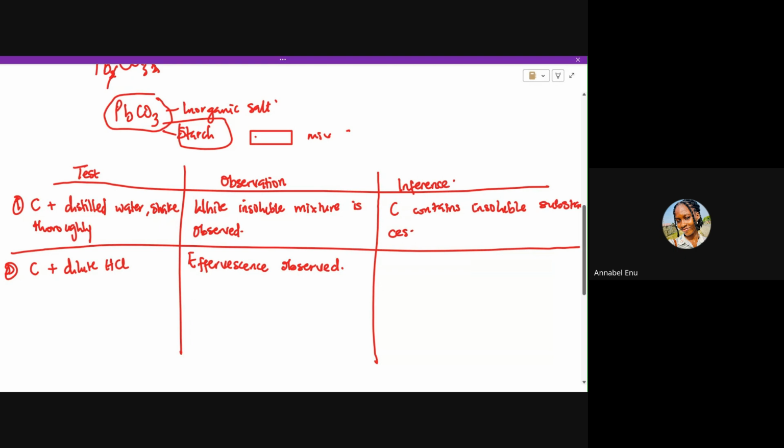So this is one thing we are going to observe, that is what effervescence means. She's correct.